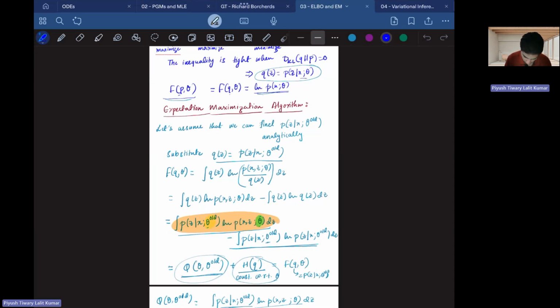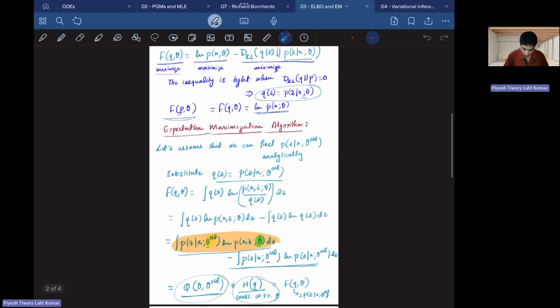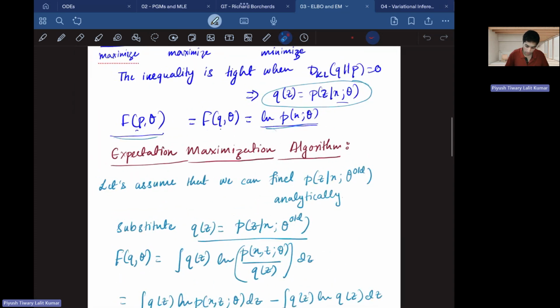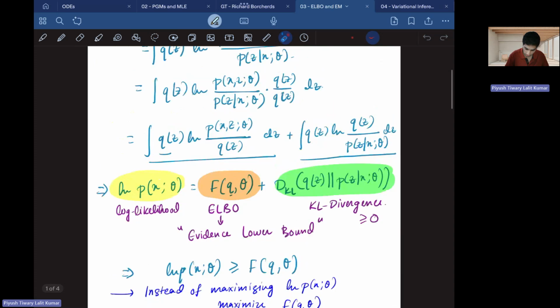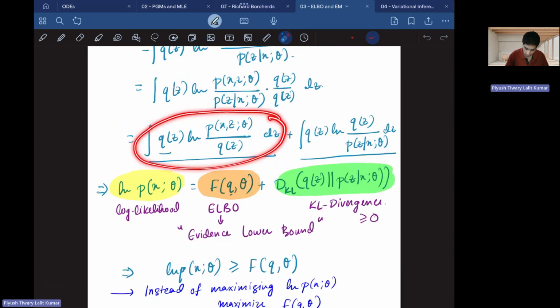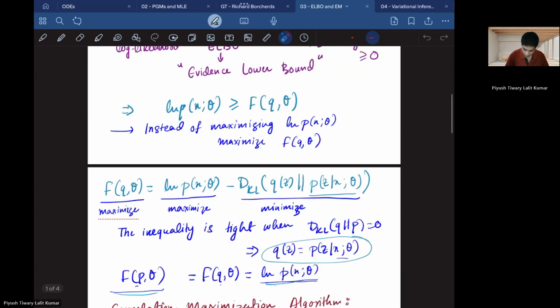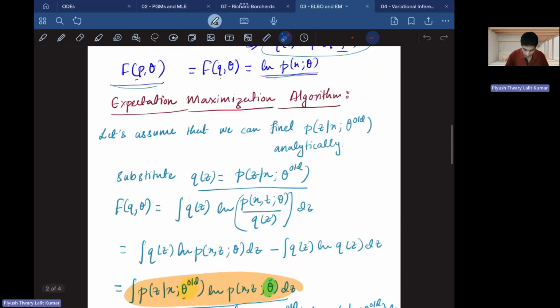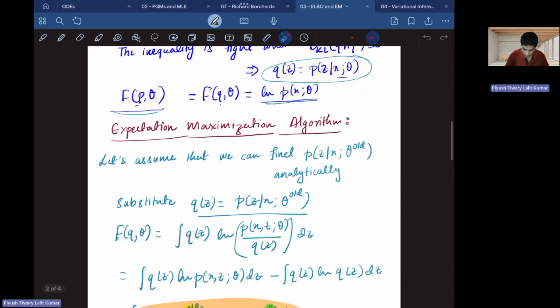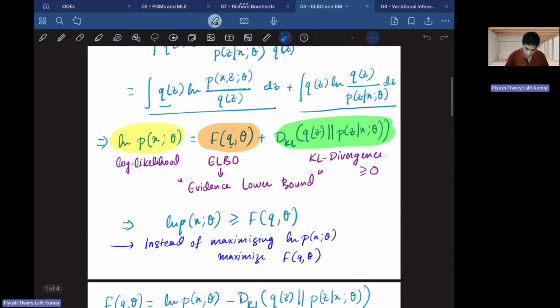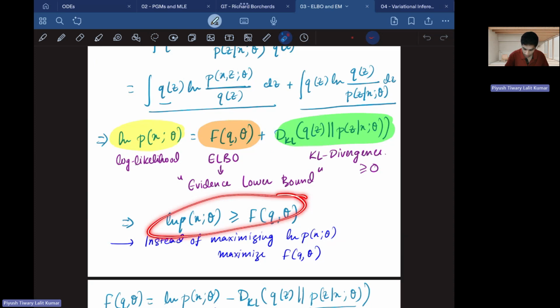So this is where we were. Particularly, this was our ELBO. We saw that this ELBO is what we will use instead of the log likelihood.